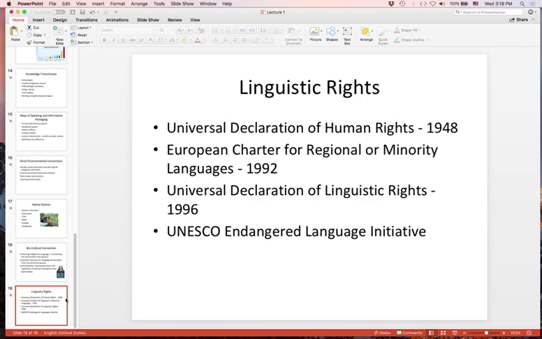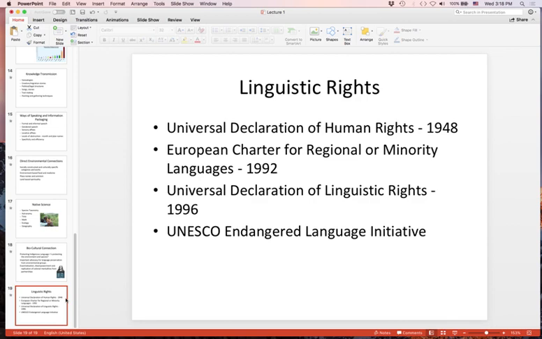We saw a declaration in 1996, but that was not ratified by very many organizations. And we saw a European charter in support of minority languages and regional languages in 1992, which has certainly provided some direction for work on the European continent, but again, that is somewhat limited.